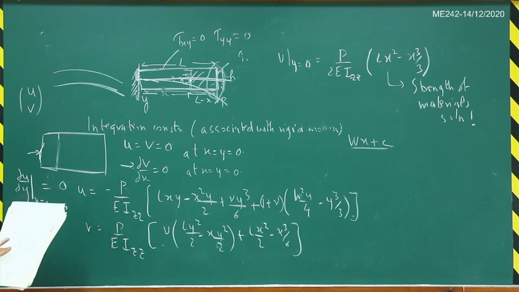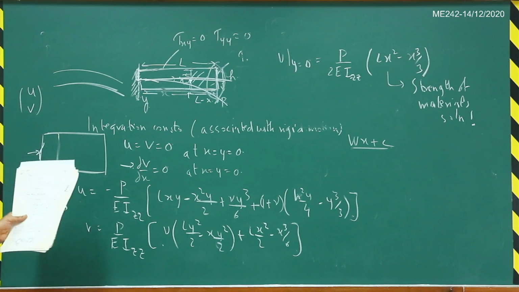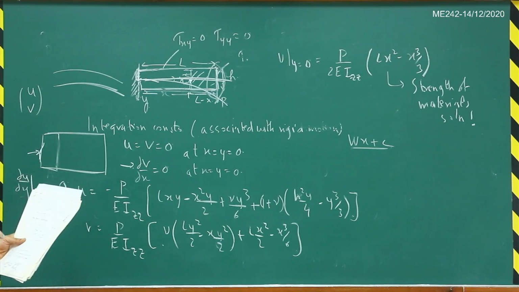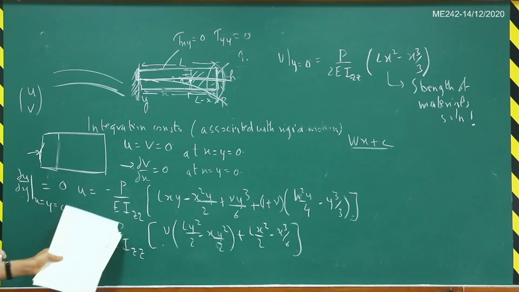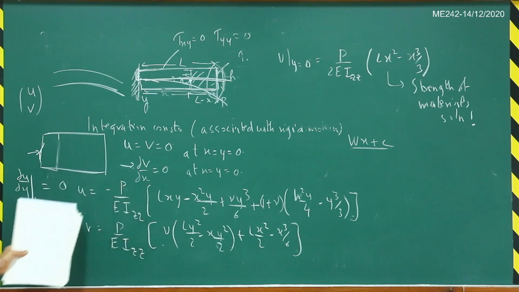But as I said, that is something theory cannot resolve. It depends on how your beam is fixed into the wall. Those are practical details that have to be brought in to determine which boundary condition to use.